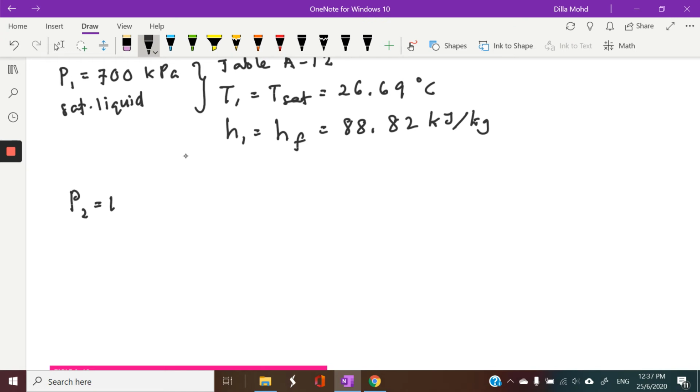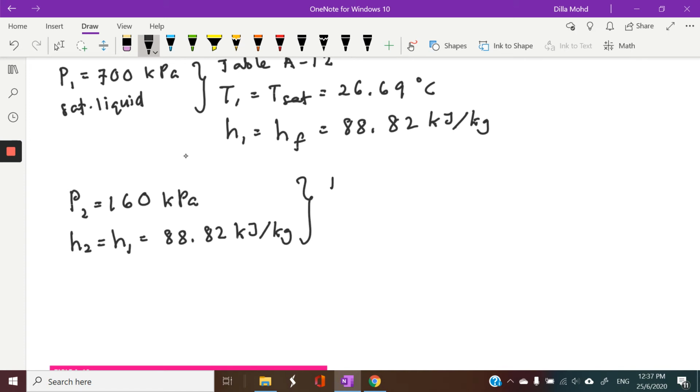Now, let's move to the final condition. We know that our P2 is 160 kilopascal, and the enthalpy at the exit is equal to the enthalpy at the inlet, which is 88.82 kilojoule per kg. Let's again look at table A12 because we have the pressure. We should get the saturated liquid enthalpy and the saturated vapor enthalpy.